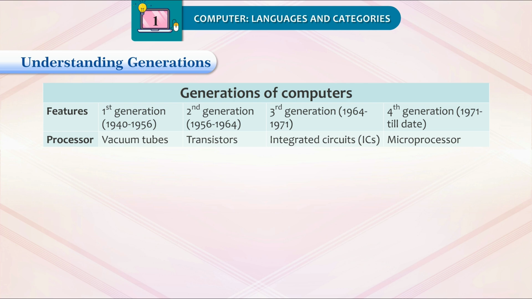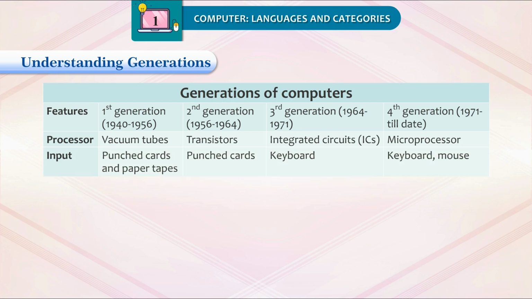Processor: vacuum tubes; transistors; integrated circuits, ICs; microprocessor. Input: punched cards and paper tapes; punched cards; keyboard; keyboard, mouse. Output: printer; printer; monitor, printer.